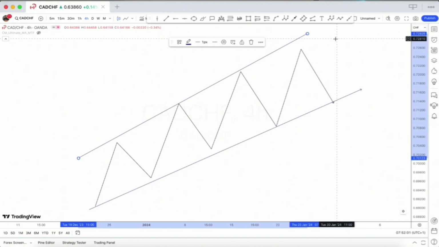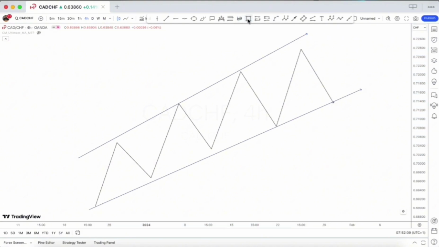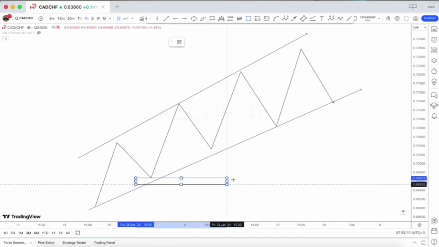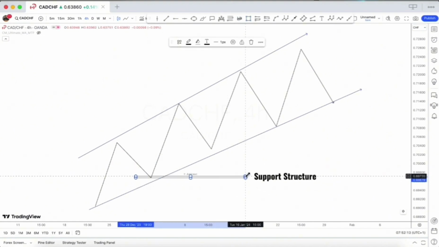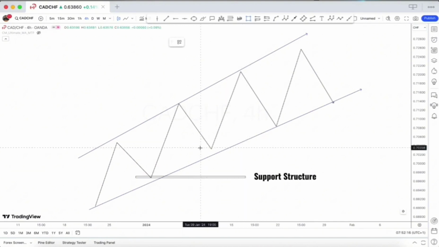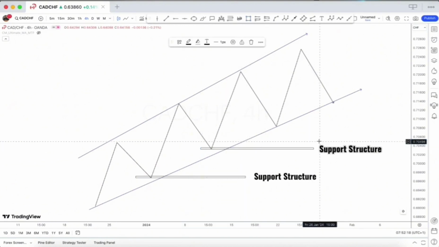The one above is the resistance and the one below is the support. The same applies to an uptrend market, right? So all these levels that you're seeing right here, these are all support structures.